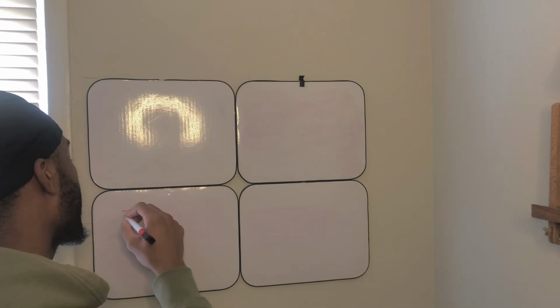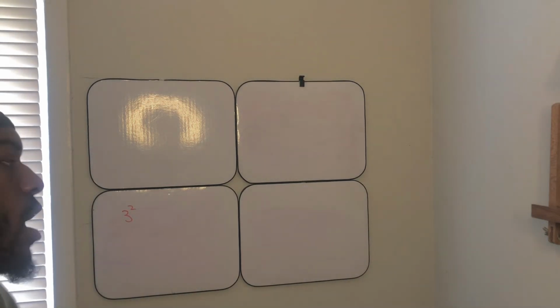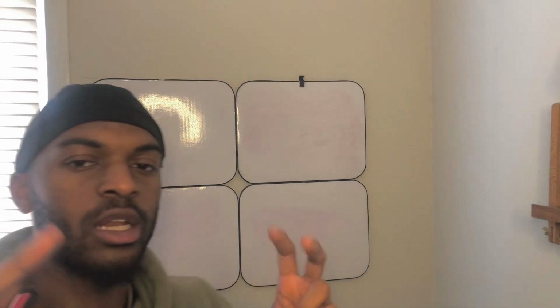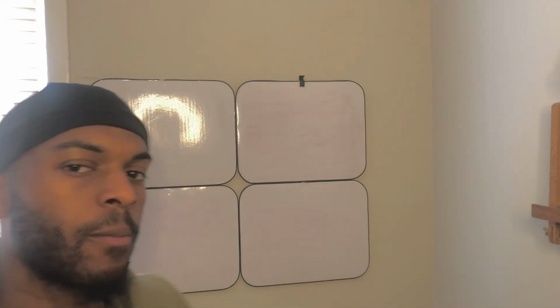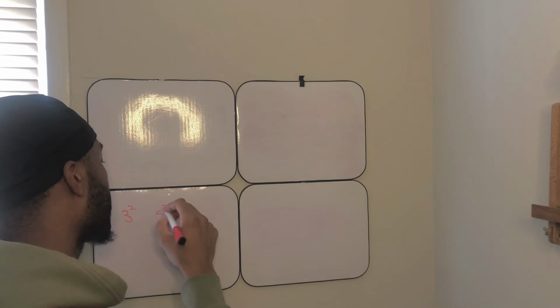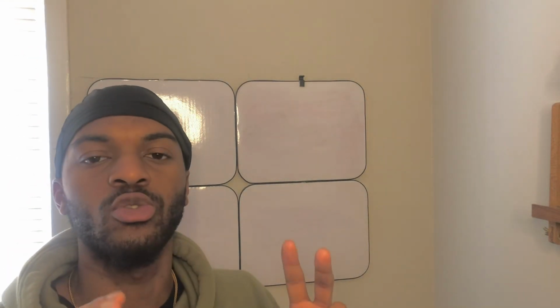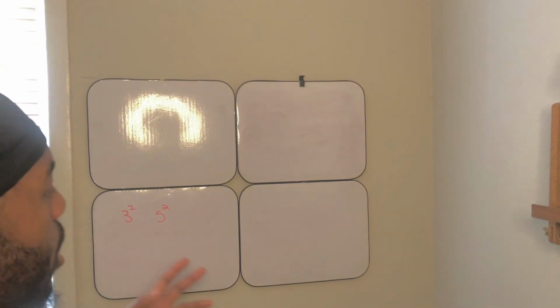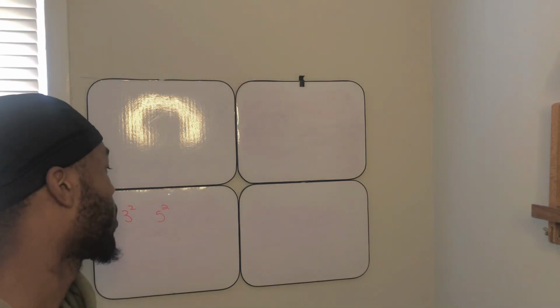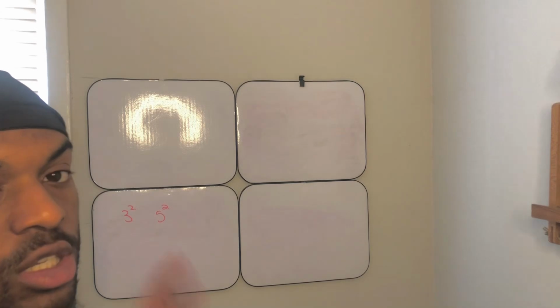So something like 3 to the second power, that's turning this 3 into a square. Or if you got like 5 to the second power, you're turning the 5 into a square. And the square is the answer to this question.